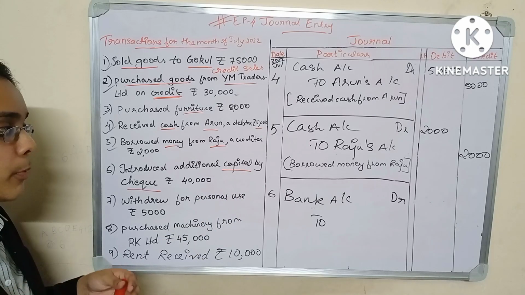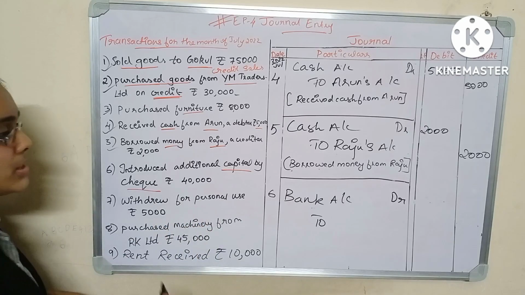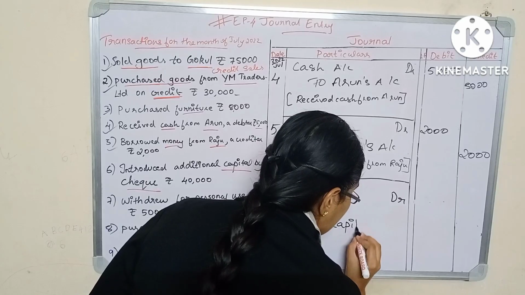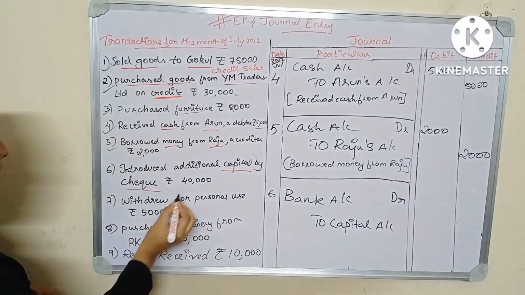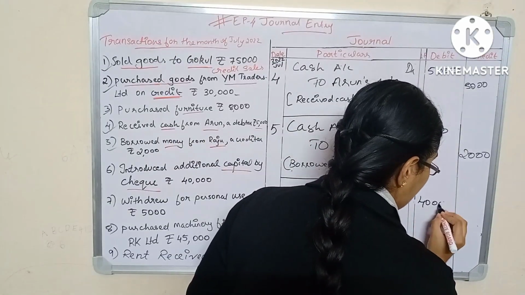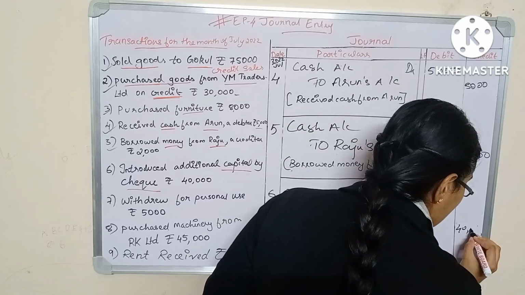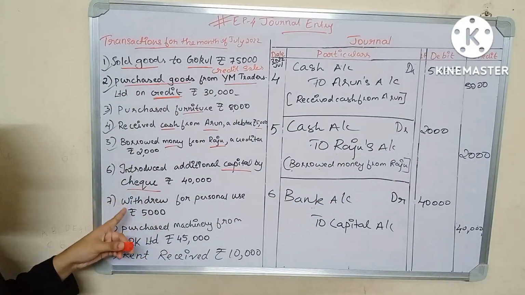From the point of view of the business, your liability is increasing. So you will write capital account. How much is the amount brought in? 40,000. So I will write 40,000 in the debit column against bank and 40,000 against capital in the credit column. So this is the sixth entry.